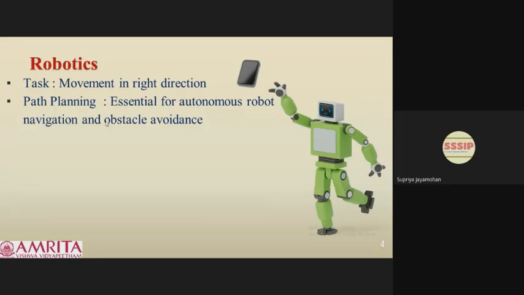UAVs also employ path planning because they have to move around, and you give them a specific region where they should move and monitor. So path planning becomes essential there too. Though this has been mentioned specifically for robotics, it can be generalized and applied to various areas.